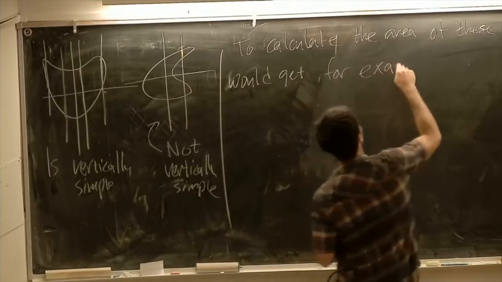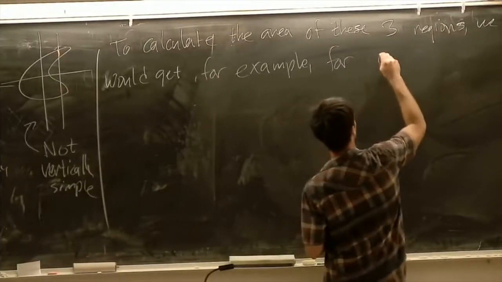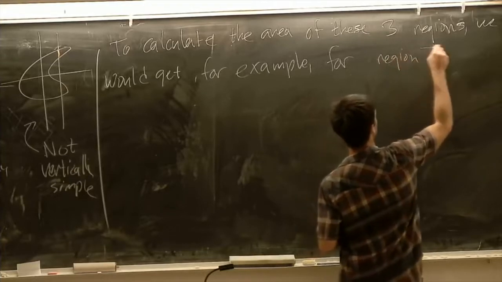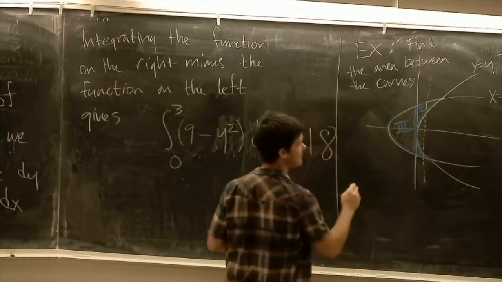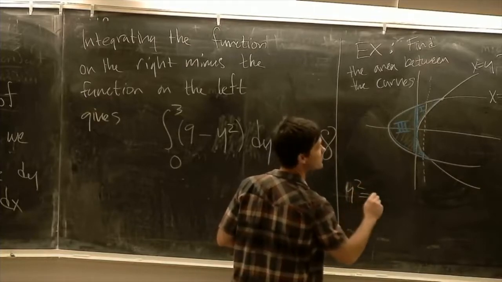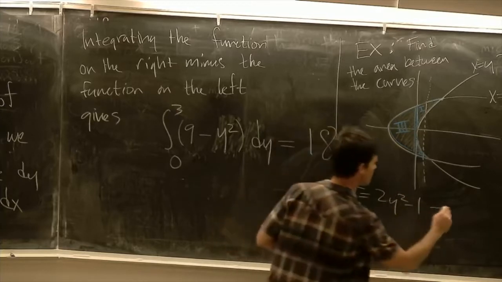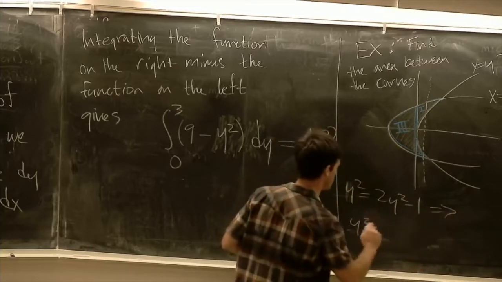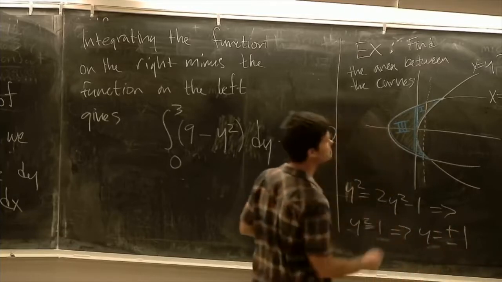So, for example, for what I labeled as region 1, let me just plot some points right here. This point of intersection right here, if I set y squared equal to 2y squared minus 1, I get y squared equals 1, which gives me y is equal to plus or minus 1.